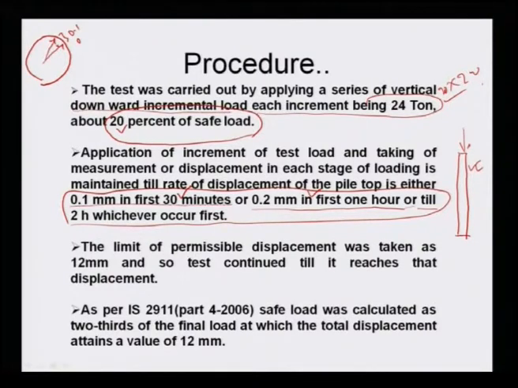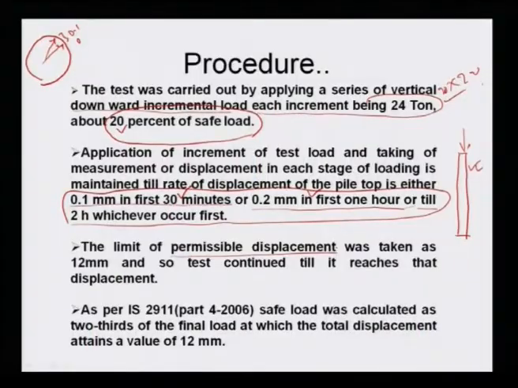Then the limit permissible displacement was taken as 12 mm, and so the test continues till it reaches that displacement. So permissible displacement as per IS code, you can go up to what displacement? You can go up to 12 mm displacement, so before 12 mm you can get the failure, or if you are not getting failure, then you can go up to 12 mm of displacement.